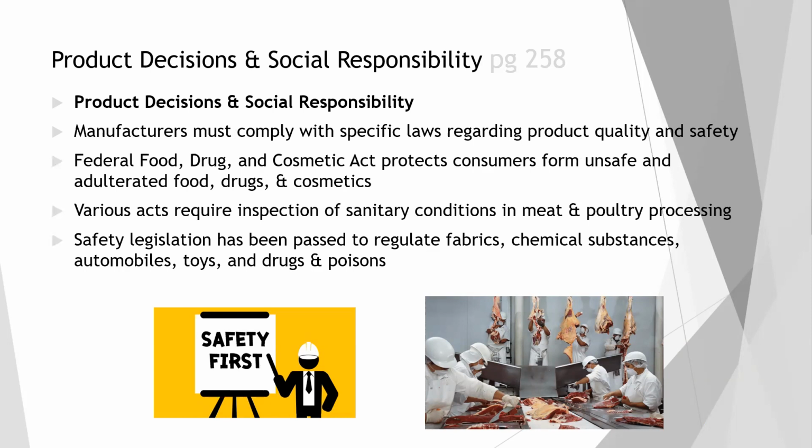And there's been a ton of safety legislation that has been passed to regulate things like fabrics, chemical substances, automobiles, toys, drugs and poisons. So we know that we're going to have government interaction with things having to do with the quality and the safety of these products. And we're probably going to have government oversight and inspections actually coming into our factories, coming into our processing plants.